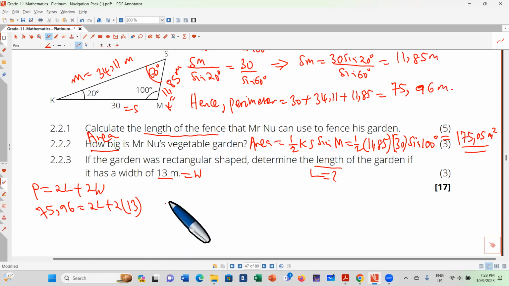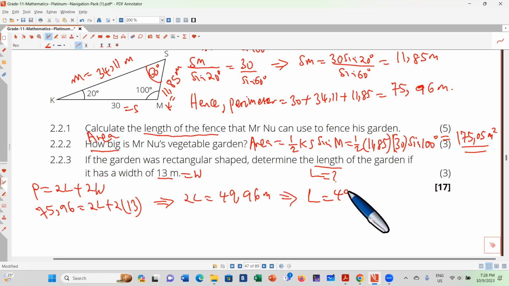We use a calculator now. We move across the screen and we have twice L, which equals... If you say 75,96 minus 26, it is 49,96. Then 49,96 divided by 2.